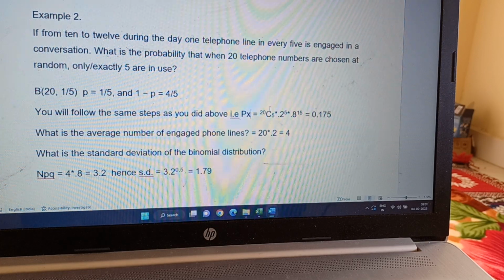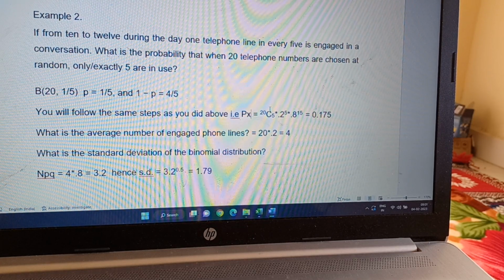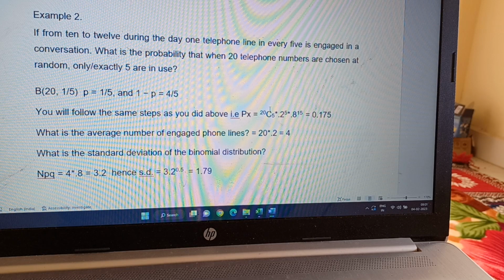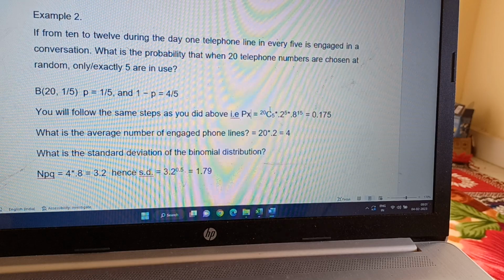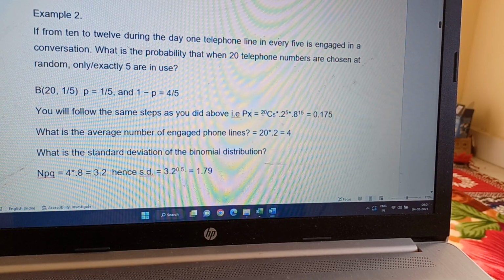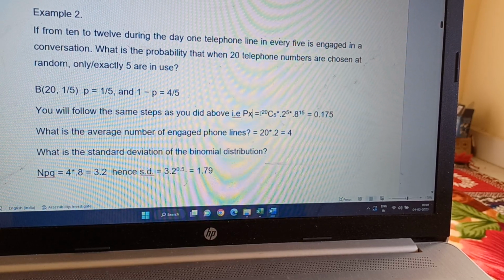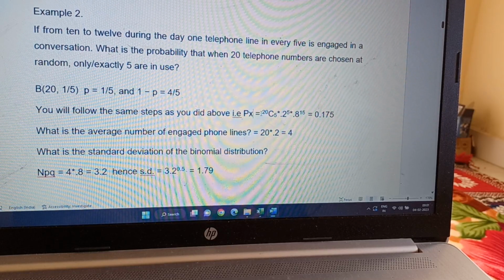So there are so many ways, or it can be in the middle like phone number 1 and then phone number 5, phone number 7, phone number 11 and phone number 12. So anyhow these 5 are chosen. So there are many ways of finding that 5 phones are engaged.